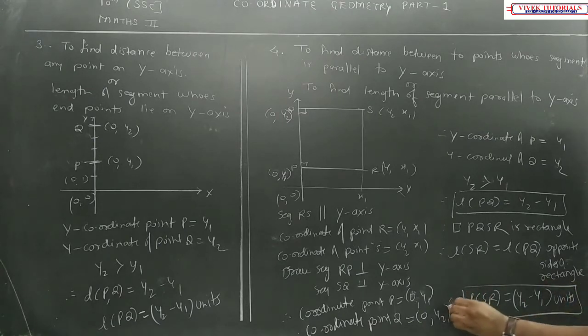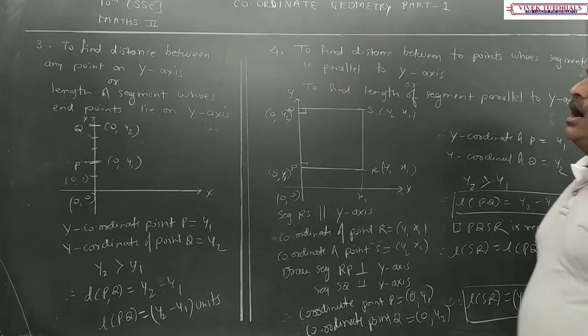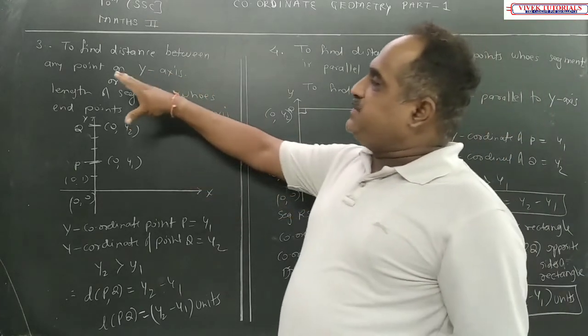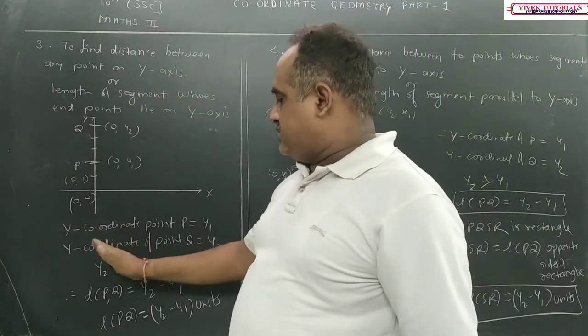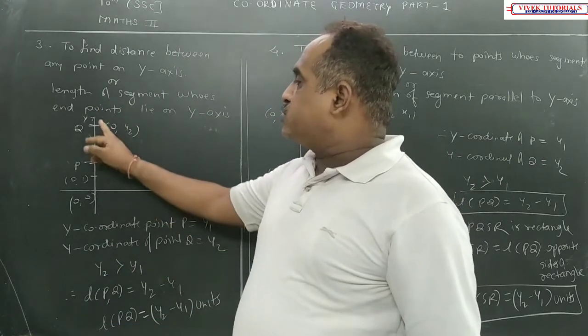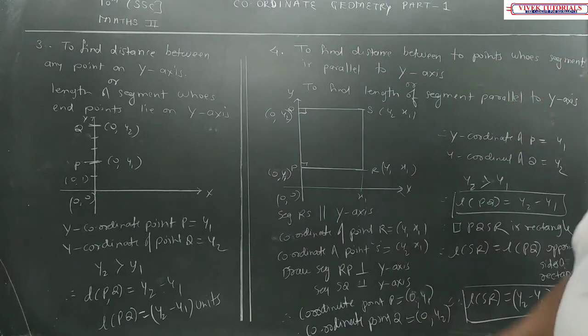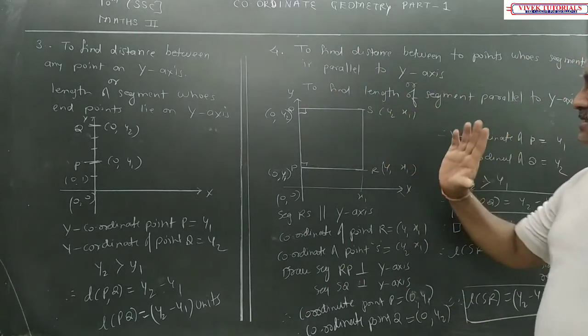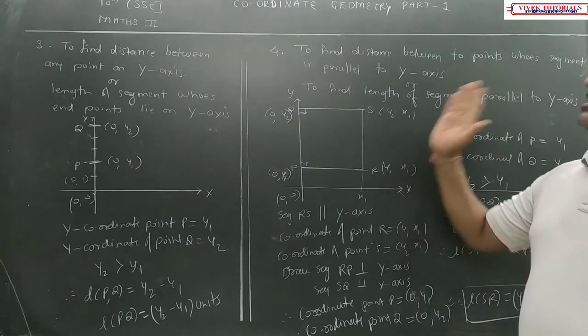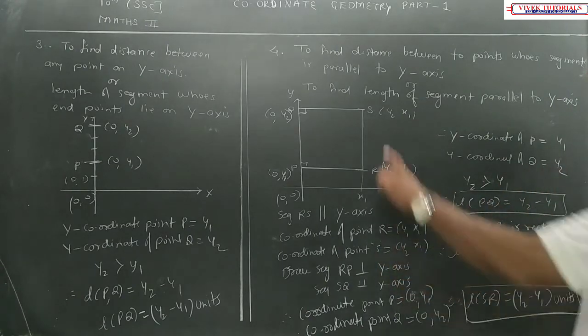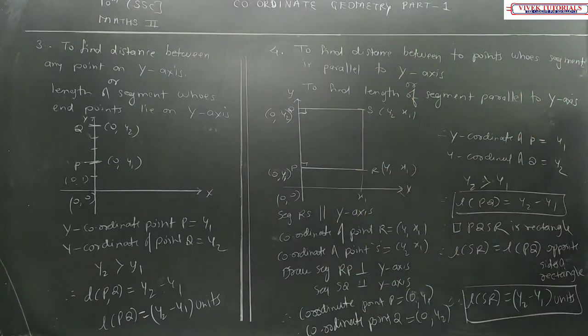This is the value of SR. So once again, to find the distance between any 2 points on the y-axis, we get y2 minus y1. This is the distance between them. Any segment which is parallel to the y-axis, we are going to apply the same formula. If SR is parallel to the y-axis, we'll have the same formula, y2 minus y1.